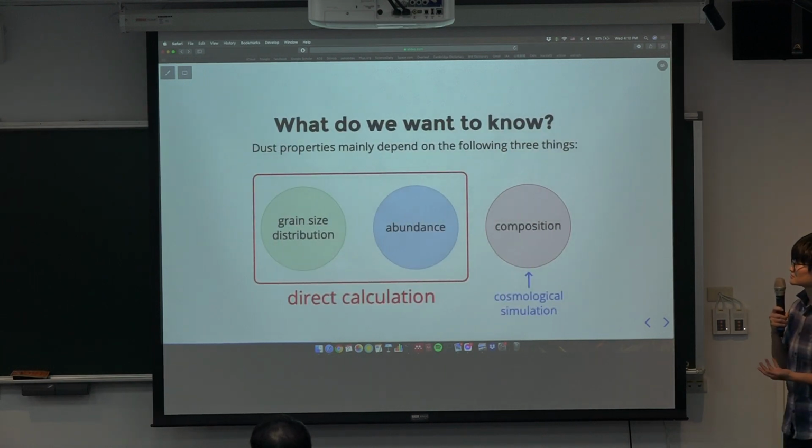So what can our model tell? The advantage of our model is to directly calculate the grain size distribution and the total dust abundance. For the composition, we directly take it from a cosmological simulation, and in this case, it is IllustrisTNG.